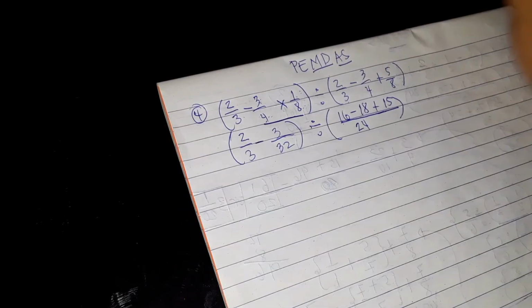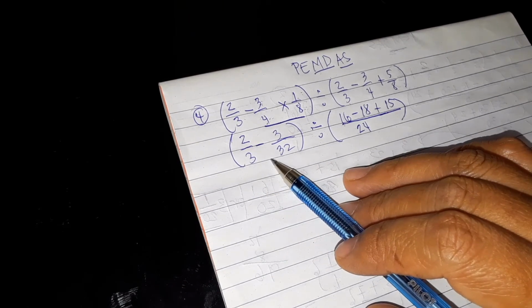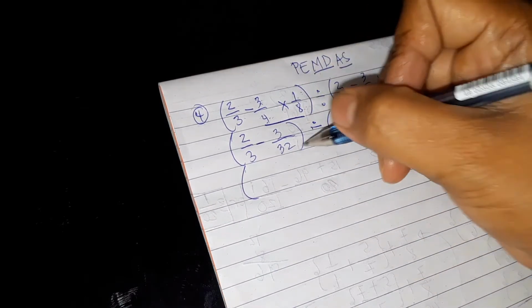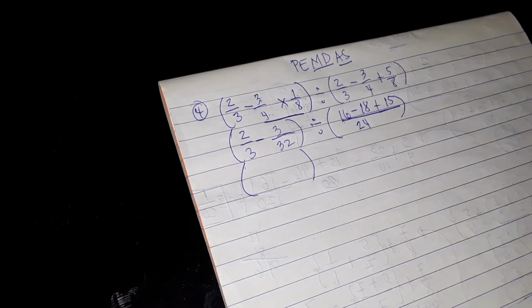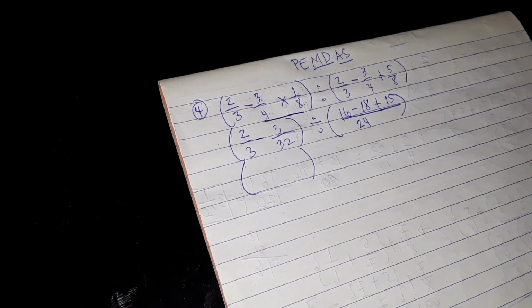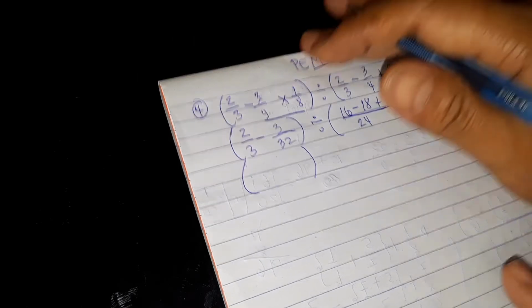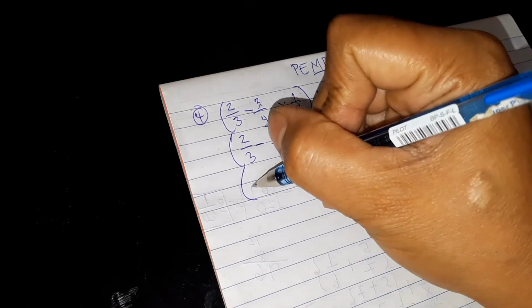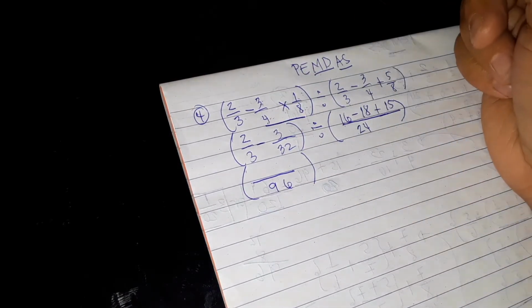Next, lowest term. So we have here 3 and 32. Let's get their LCD. The LCD of 3 and 32 is 96.